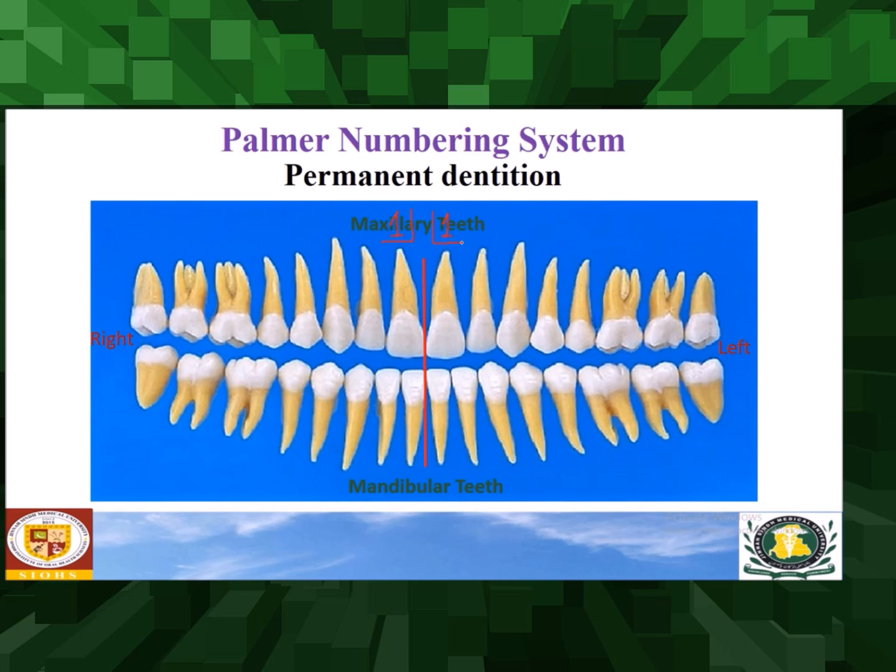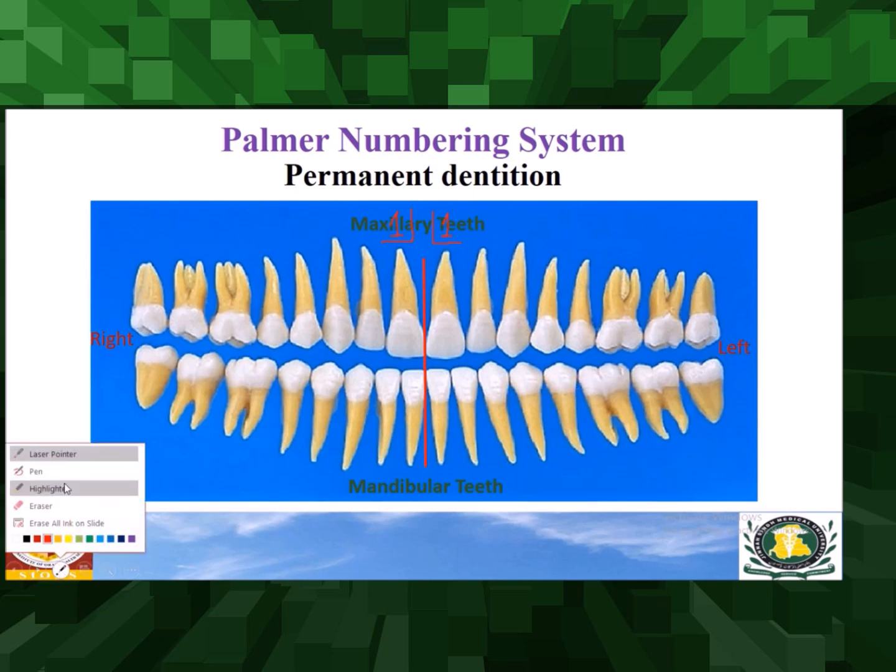Now, left mandibular first molar. This tooth is the left mandibular first molar. This is central incisor, lateral, canine, first premolar, second premolar, and the first molar of the left side. Now, the numbers start from the midline, 1, 2, 3, 4, 5, 6.